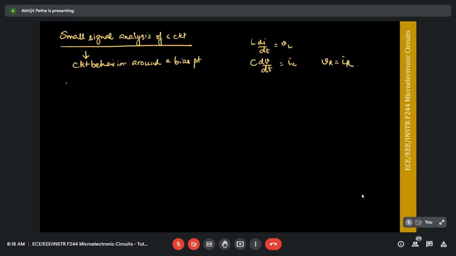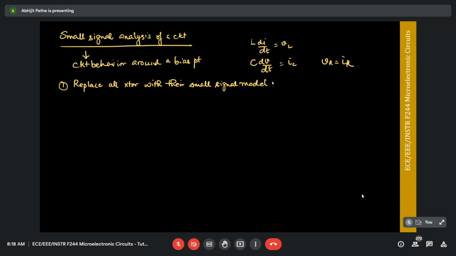The way we do small signal analysis, first thing is replace all transistors with their small signal model. We know what the small signal model of a transistor is in saturation.